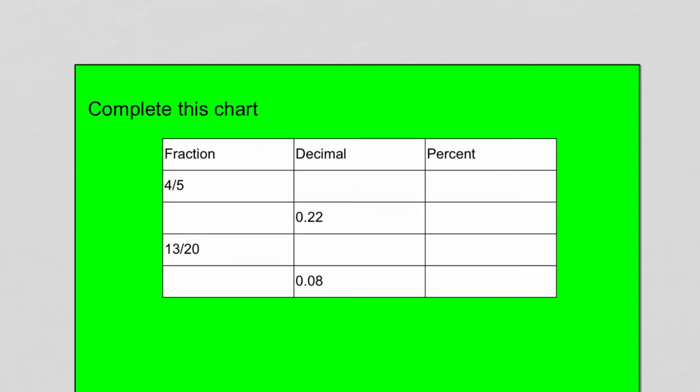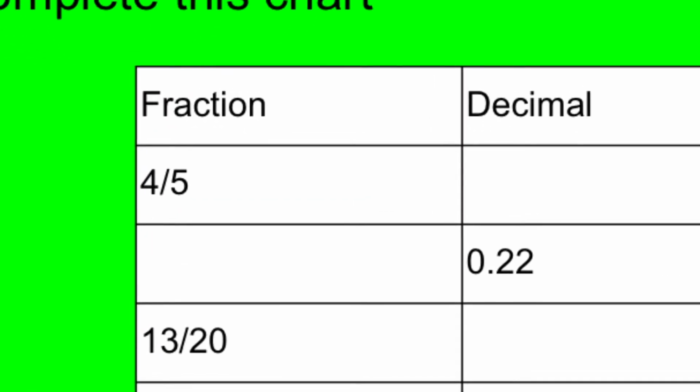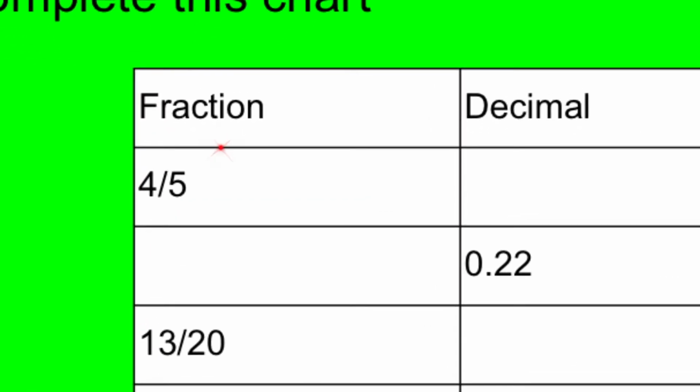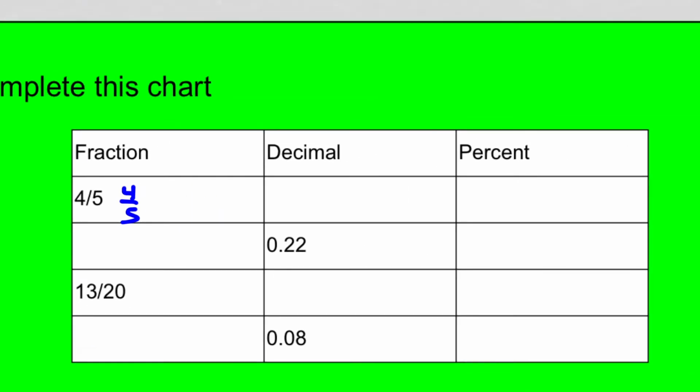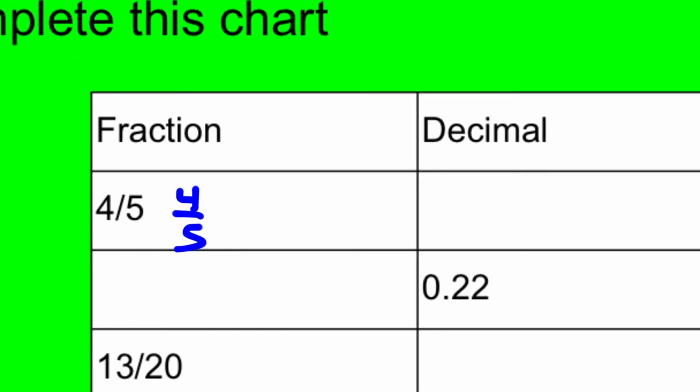So we have this chart here, and we want to make these fractions and decimals into percents. Well, let's look at the fraction 4/5. And we're going to make it into a decimal and a percent. Well, last week we were looking at fractions to decimals.